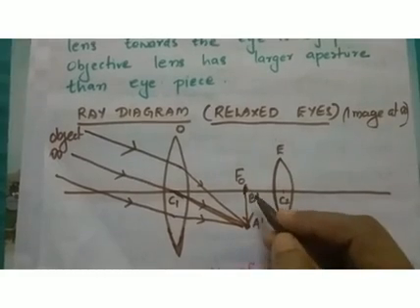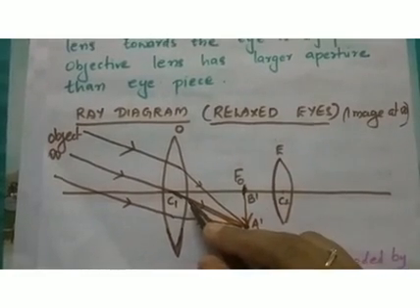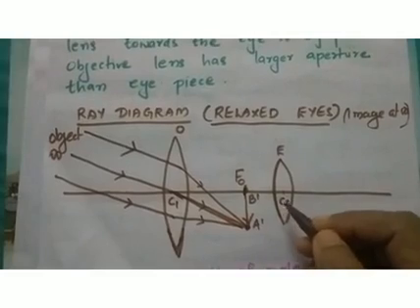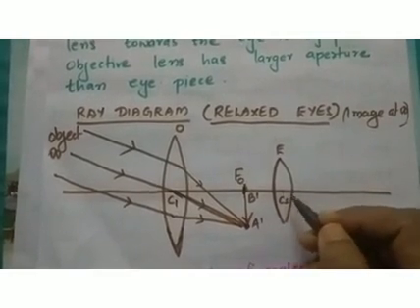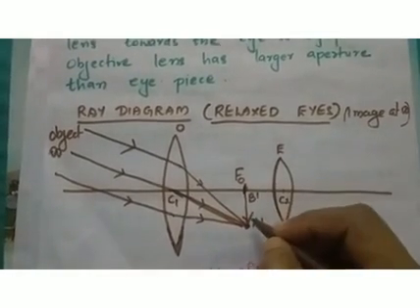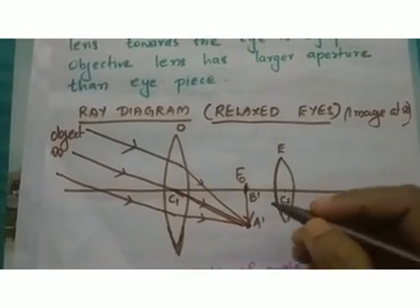So this A'B', which is the image of the first lens, will be an object for the second lens, that is the eyepiece. So here also we consider two rays.